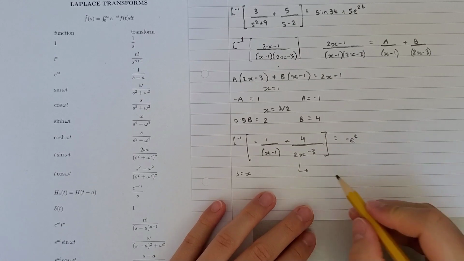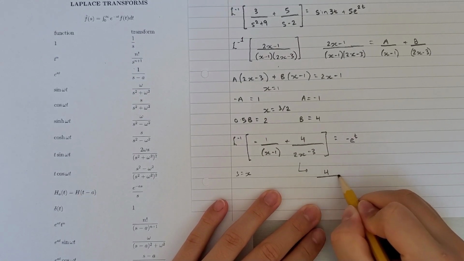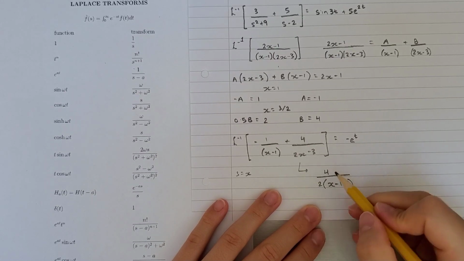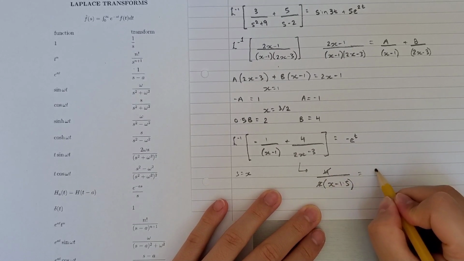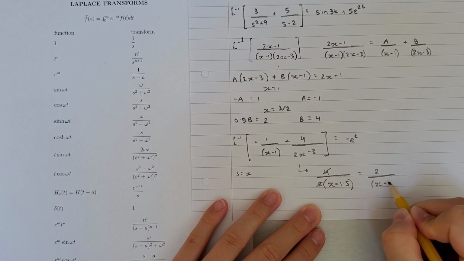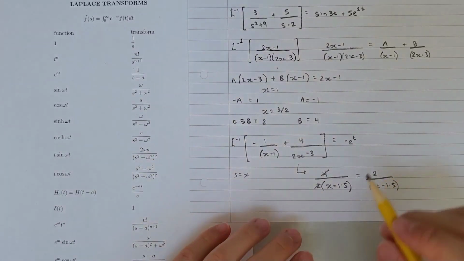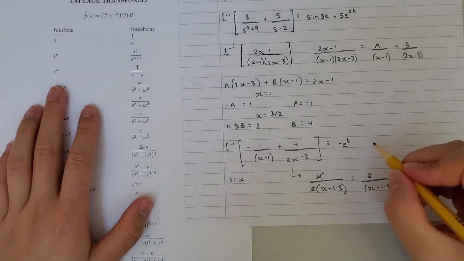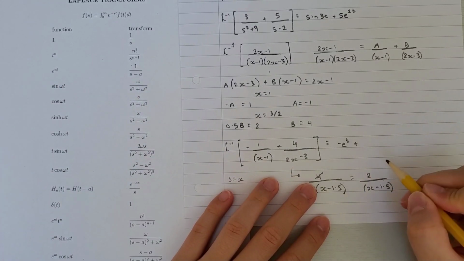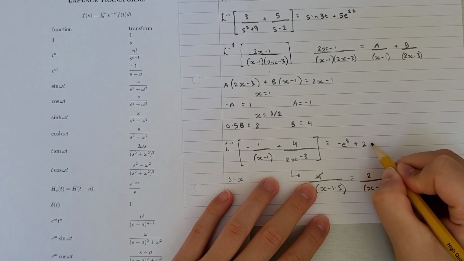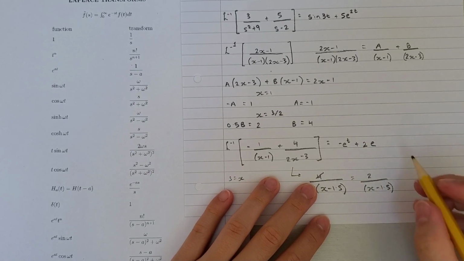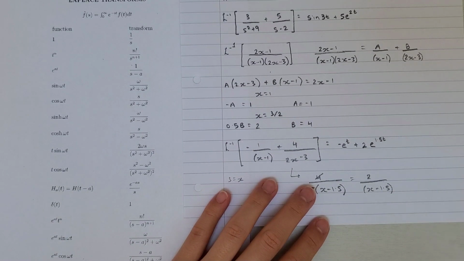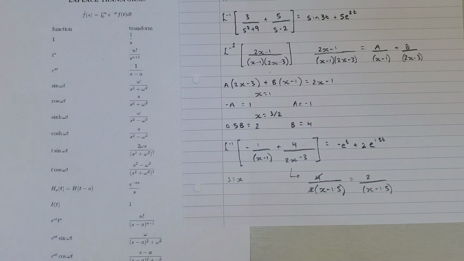We could pull 2 out of the bottom, and then that could divide, so we would have another e. So we have plus 2e to the 1.5t. And that's it. That's how you find the inverse Laplace transforms.